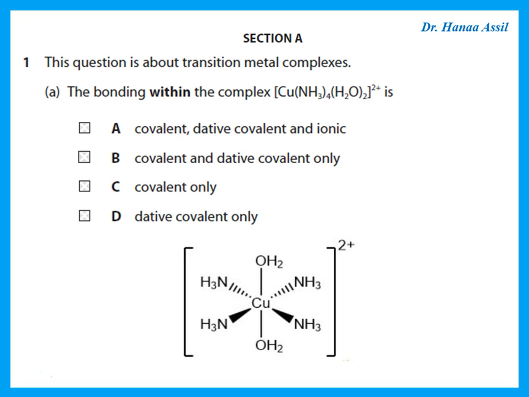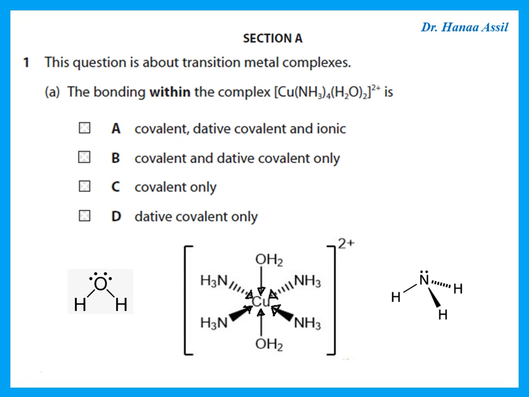Each of the water molecules has covalent bonds within it, so each H2O has covalent bonds. Each of the ammonia has covalent bonds. And between these molecules and copper, there is what we call dative or coordinate bonds. So the bonding in the complex is both covalent and dative bond.